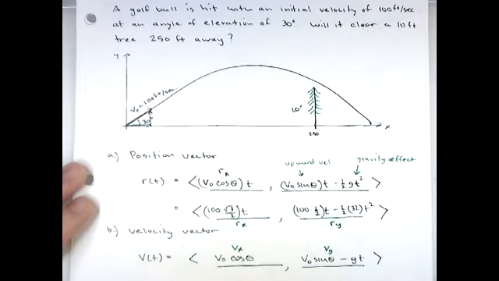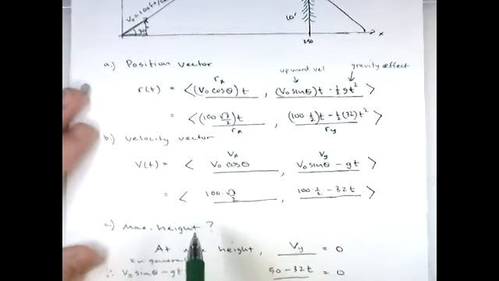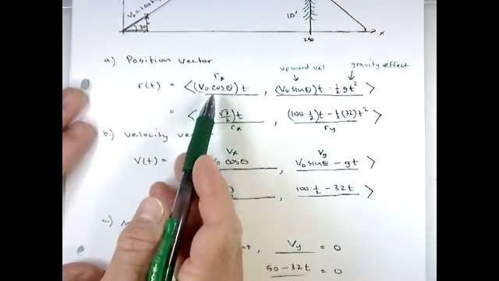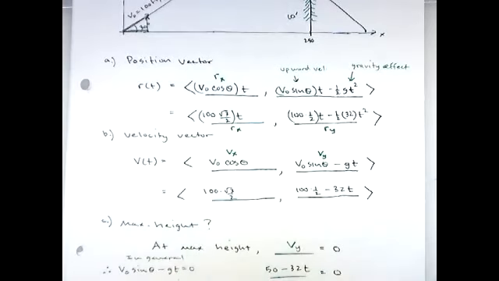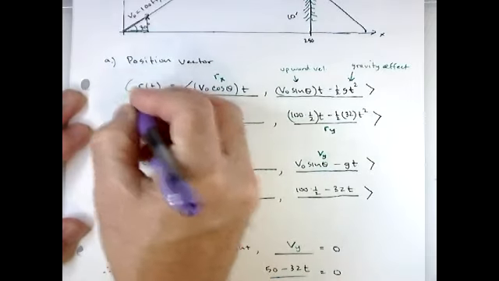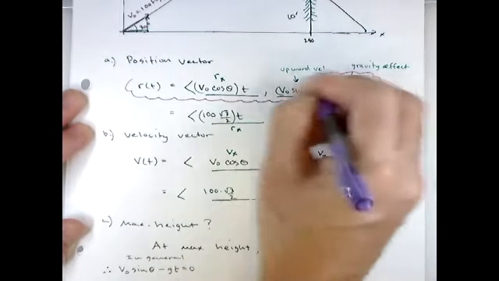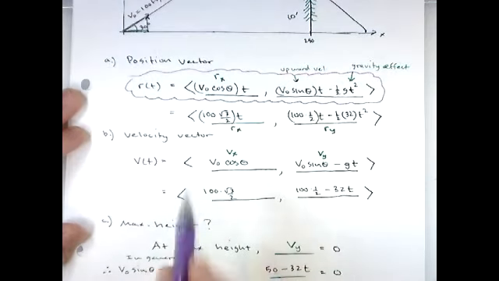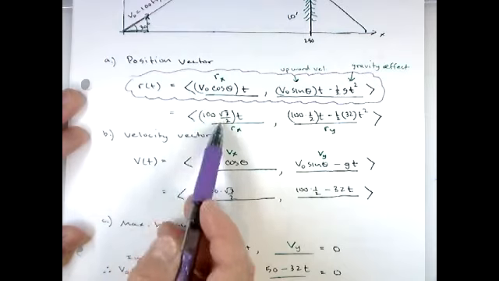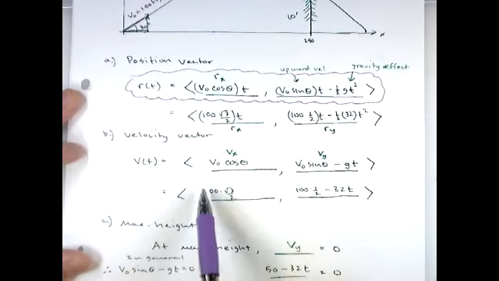We learned in 13.1, once you have a position vector, you can derive a velocity vector by just taking the derivative. Let me go back up here. This will be your general position function for a projectile problem. They'll all be different, just different initial velocities and different initial angles.